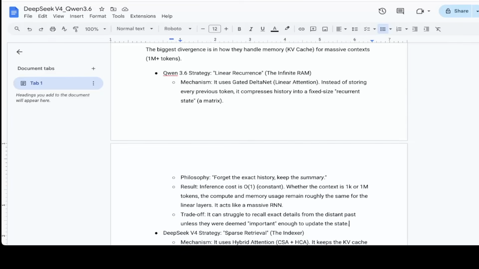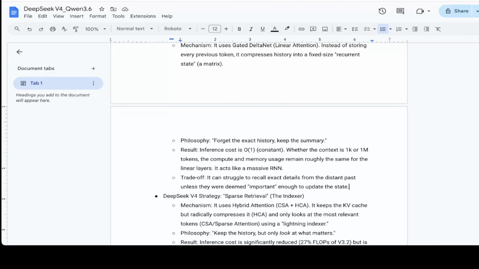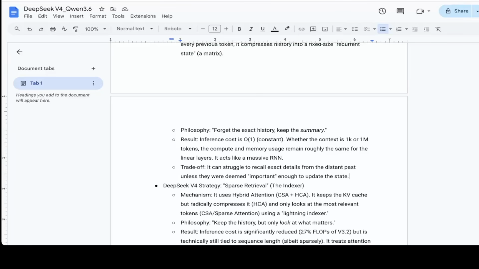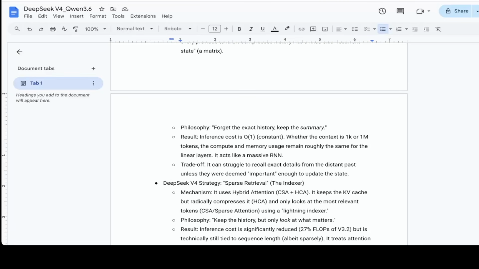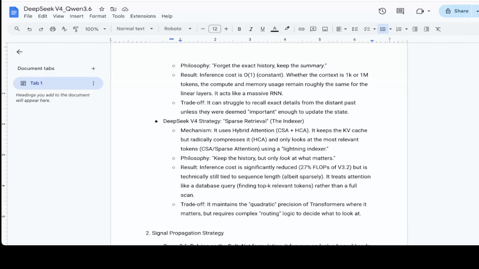So if something is not retrieved or not stored, the information is gone. So basically, they only store what's deemed important enough to update the state. So hope that makes sense. With DeepSeek V4, the difference is that they use sparse retrieval.